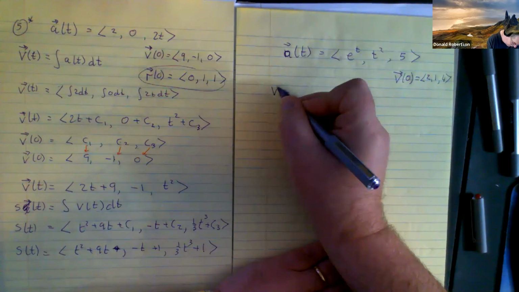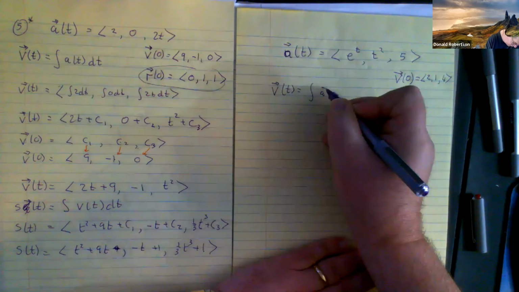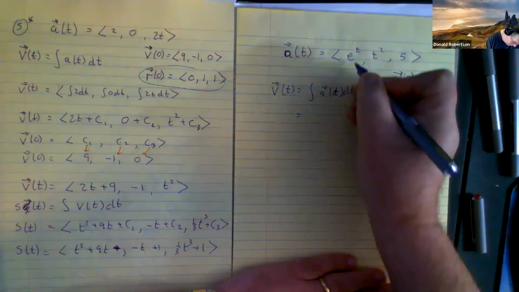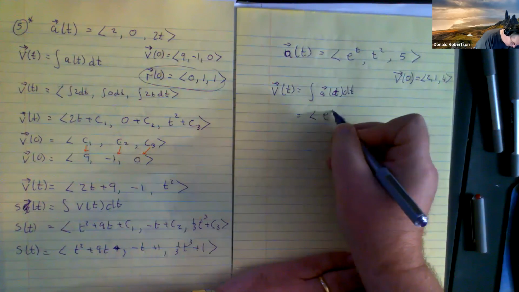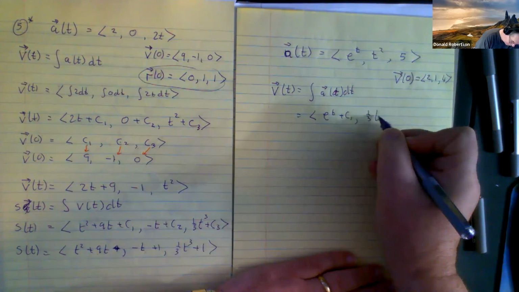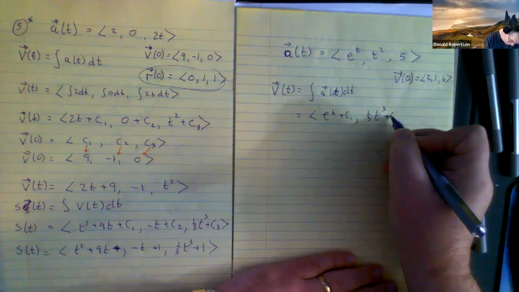Right, so the velocity is the integral of the acceleration vector. In this case, you get e to the t plus an unknown constant, 1/3 t cubed plus an unknown constant, 5t plus an unknown constant.